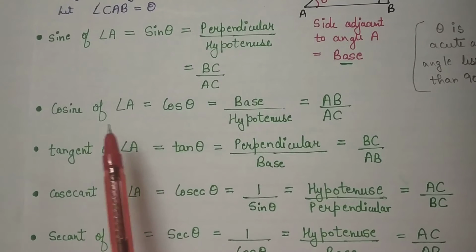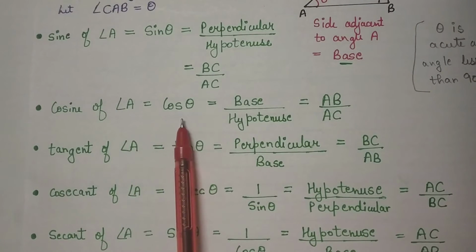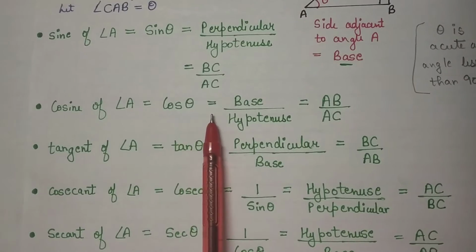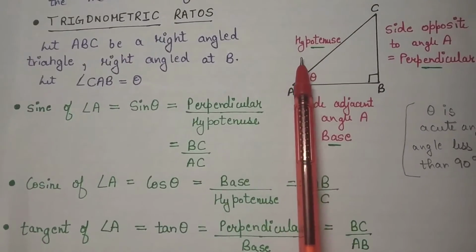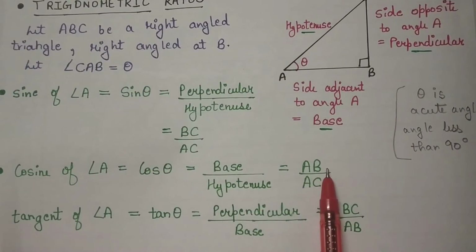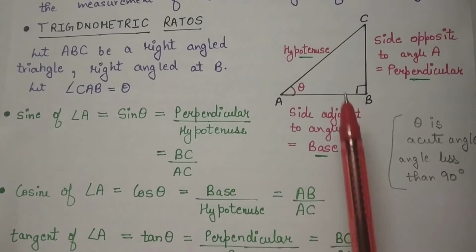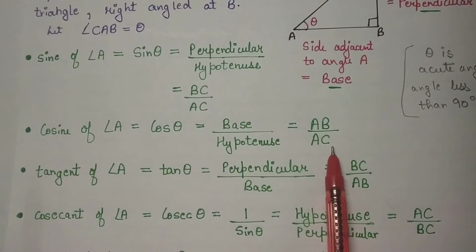Now the next formula is cosine of angle A, written as cos theta, which is equal to base upon hypotenuse. Base here is AB, and hypotenuse is AC.